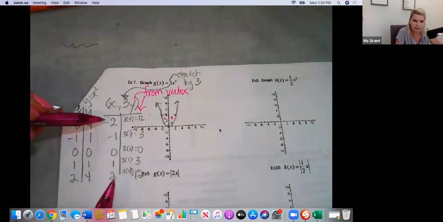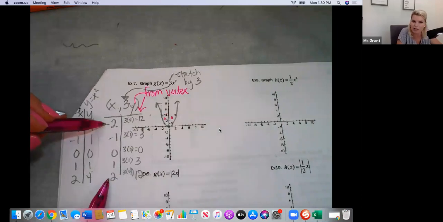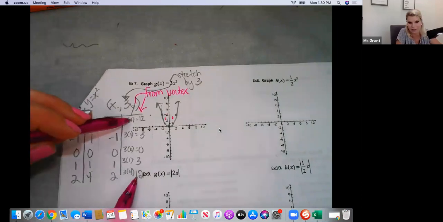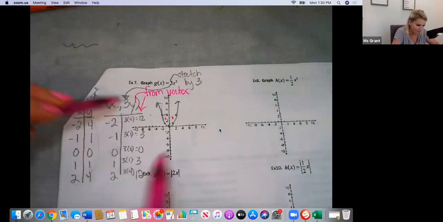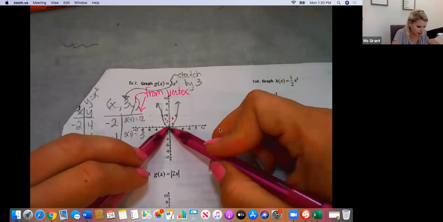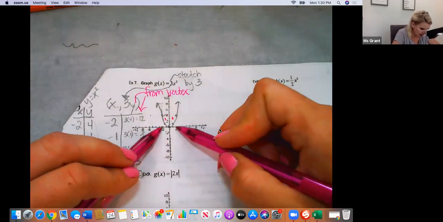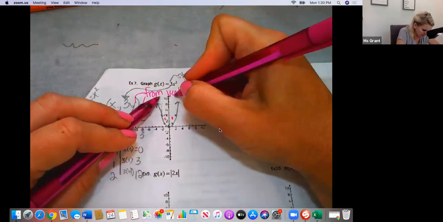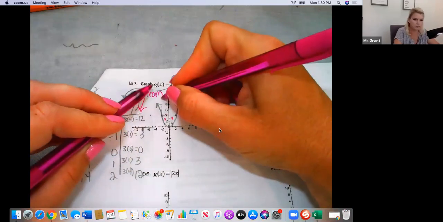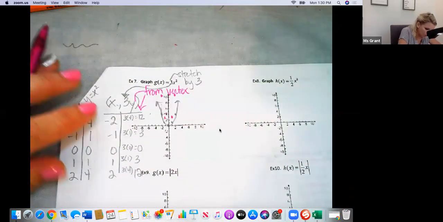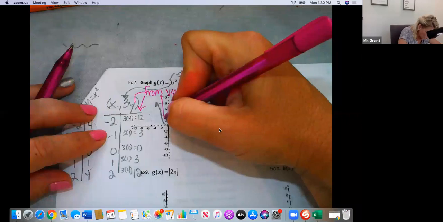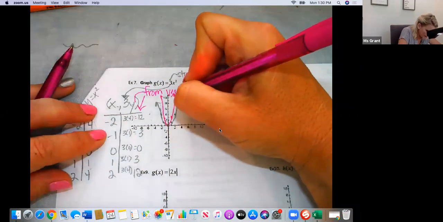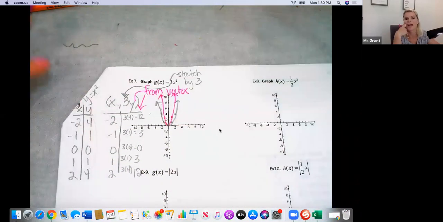And then from my vertex, I go 2 in either direction and up 12. That's way, I mean, I don't even have room. So my parabola is something like that, more narrow.